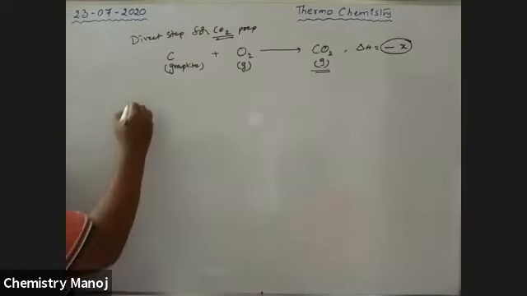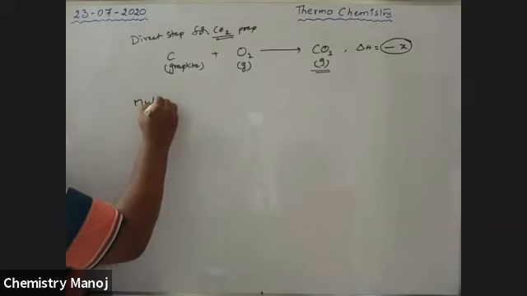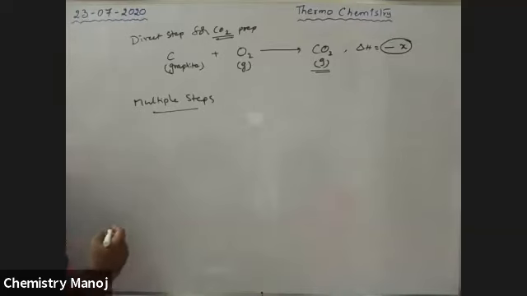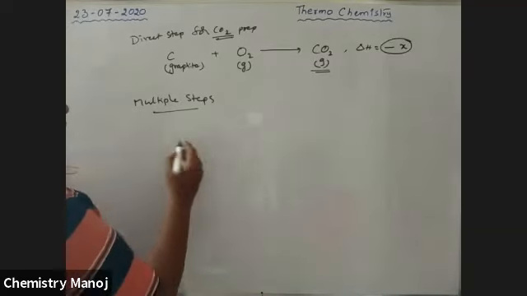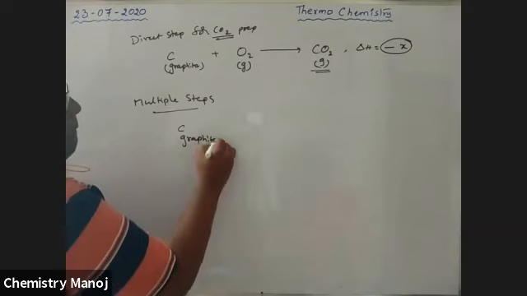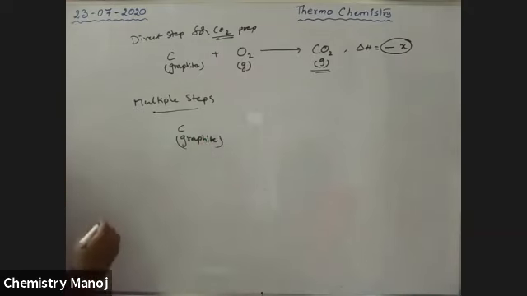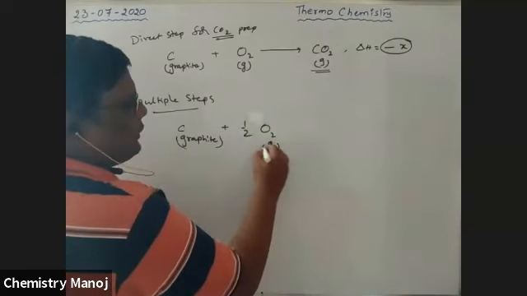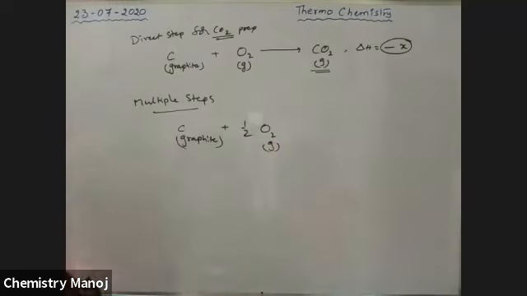Next, indirect steps, multiple steps. How is this? See here. Carbon graphite first of all reacts with only half a mole of O2 gas, not 1 mole.